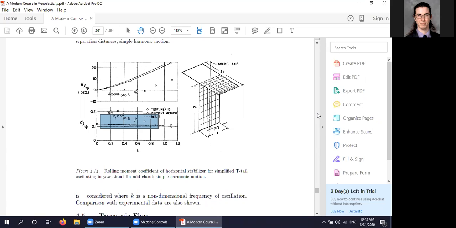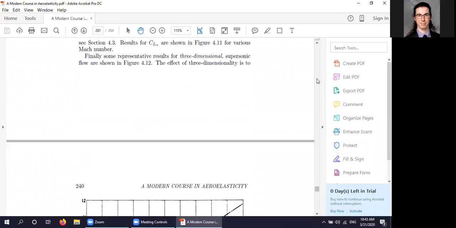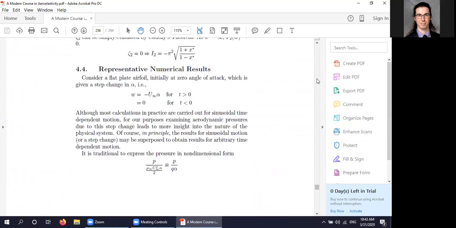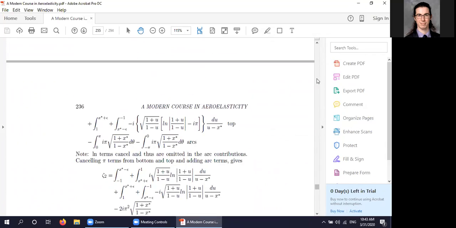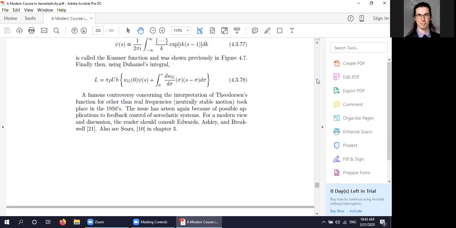I want to talk a little bit about gust response. And so let's do that. From the aerodynamicist perspective, doing the gust problem is not a big deal.